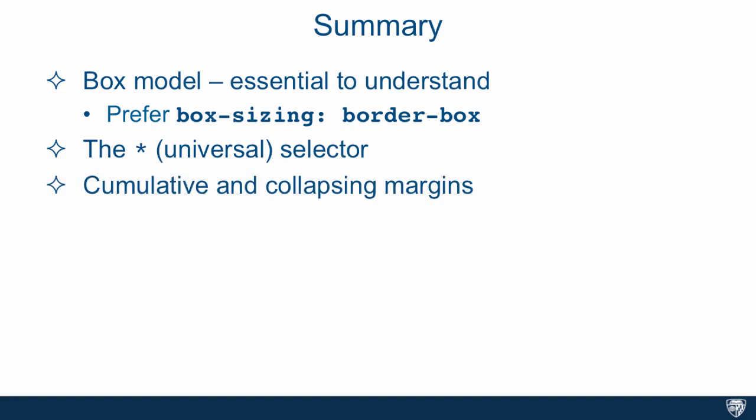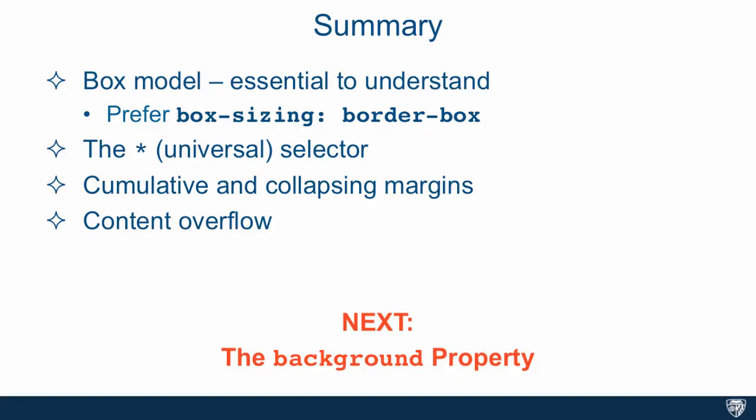And we also spoke about cumulative and collapsing margins. Remember, horizontal margins are cumulative, and for the most part, in most circumstances, the vertical ones collapse. We also spoke about the cases where the content overflows the size of the actual box, and what we do about it using the overflow property. Next, we're going to talk about the background property.